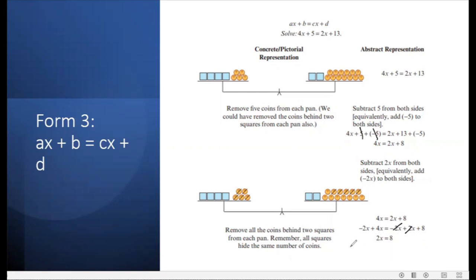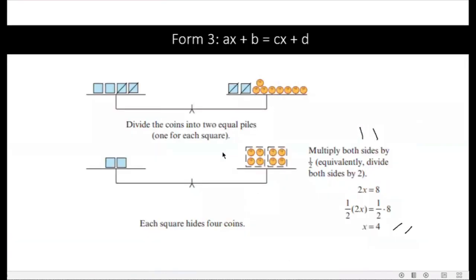Then, ang magiging next move natin ay multiply natin left and right side by 1/2 kasi meron pa tayong tinatawag na 2x dun sa left.